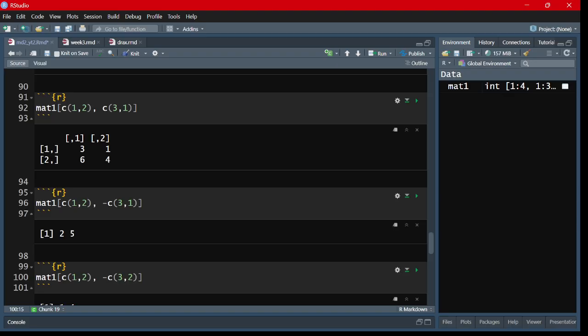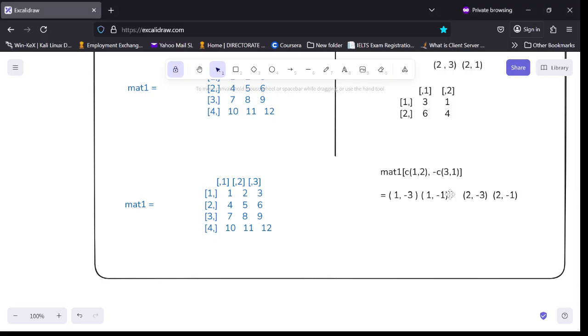This is 2 and 5. I was expecting that 2 will be here. Now we can directly say that we do not select the third column and do not select this first element. The second thing is 2 minus 3, that removes the sixth element. Then 2 minus 1 removes this 4. So what we get in this row is 5.